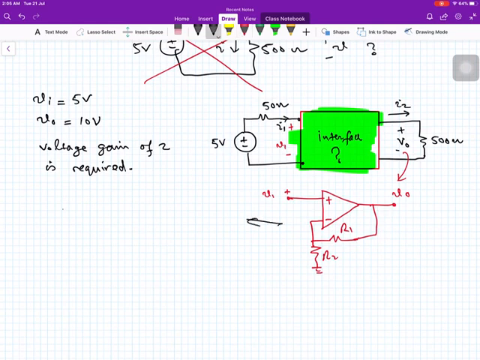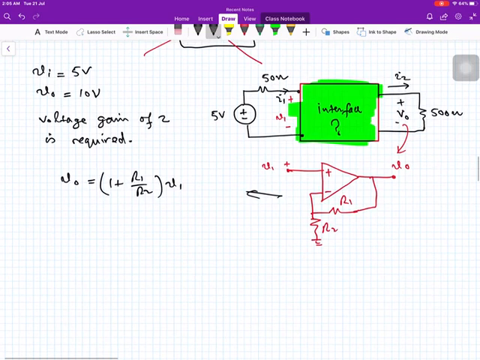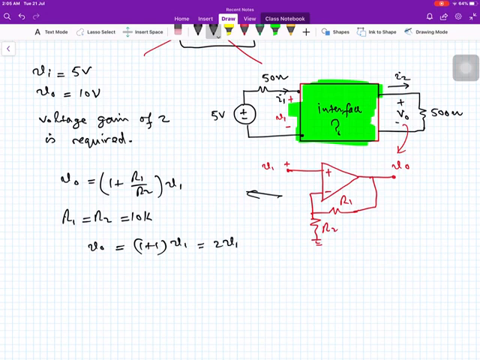In this circuit, V output is equal to 1 plus R1 over R2 times V1. If we use R1 equal to R2, say both 10K, then V output will be equal to 1 plus 1 times V1, so this will be equal to 2V1. So it will serve our purpose.